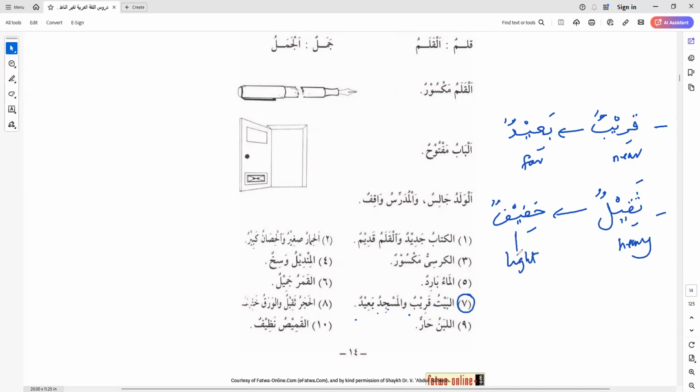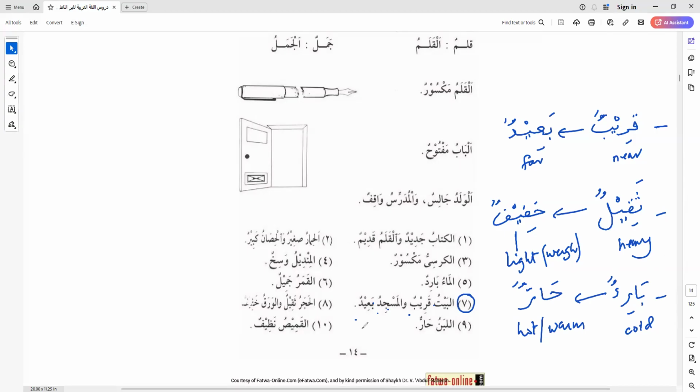By light, we mean light in weight. All right. And then we also learn baridun. Baridun means cold. If it is not cold, then it's harun. That is hot. Sometimes harun can also be warm, you know.